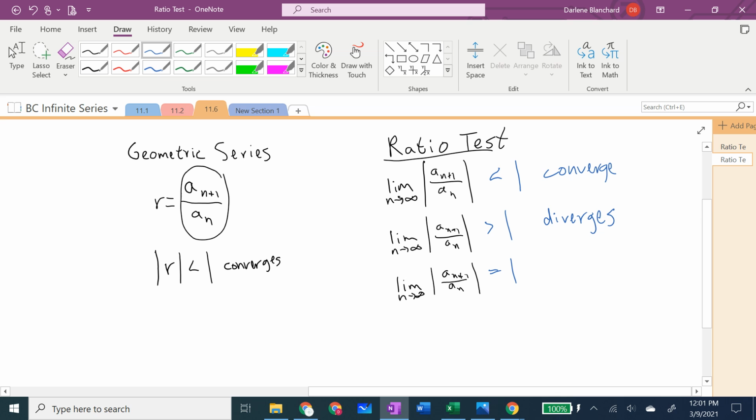But through proof, we find that the ratio test is actually inconclusive if we get 1, because we can find examples where the answer is 1 using a convergent series, and we can get an answer of 1 using a divergent series as well. We can find an example of each where we get an answer of 1. That means that this is inconclusive.